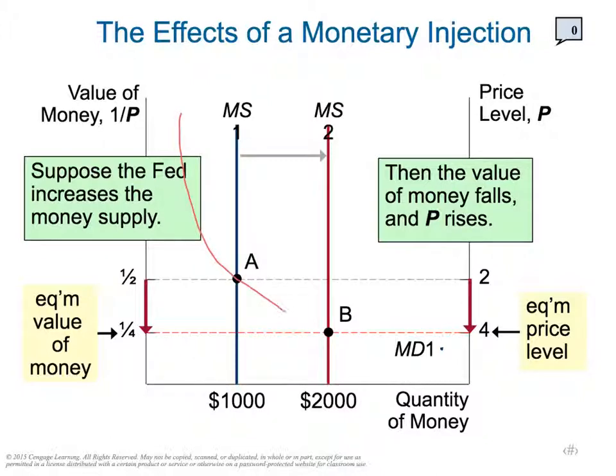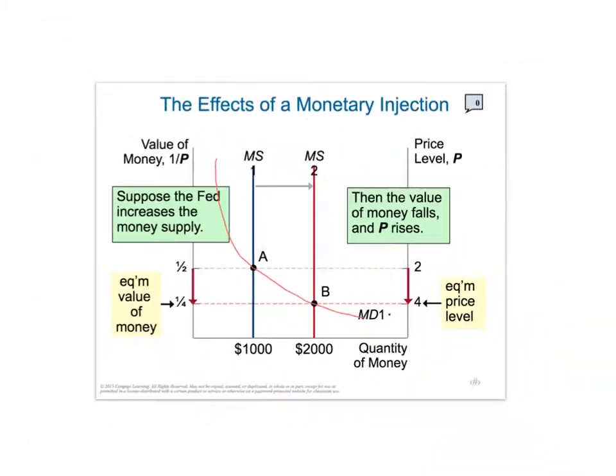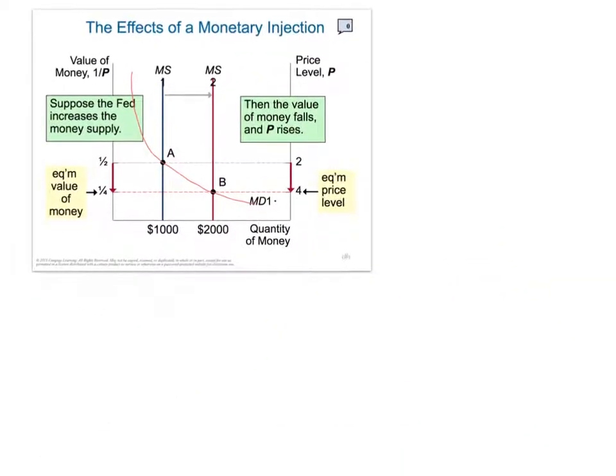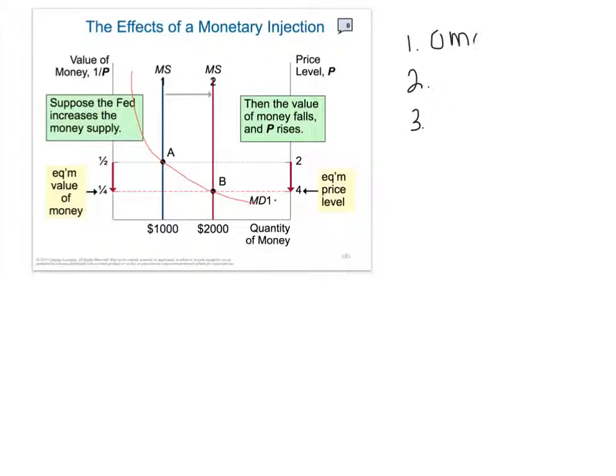So that means then that the Fed would use one of those tools that we talked about. So for a monetary injection, the Fed might engage in, okay, so we'll try to think back, what are the three tools? So the first tool is open market operations.